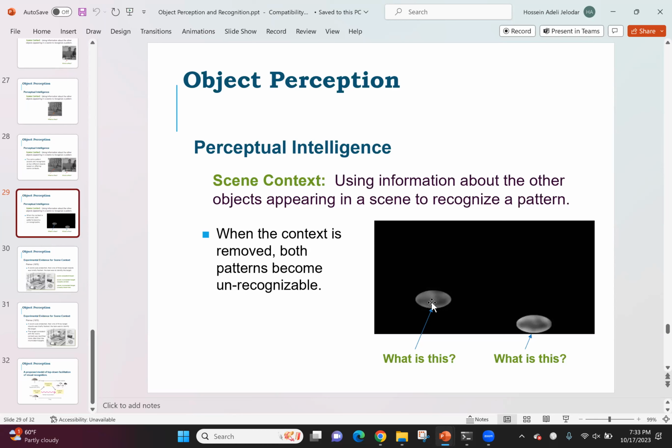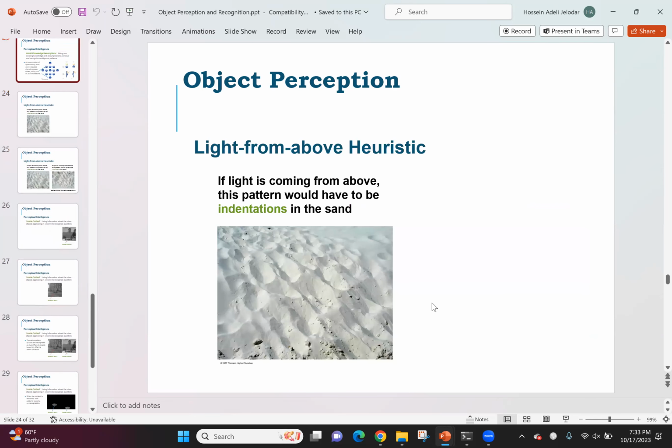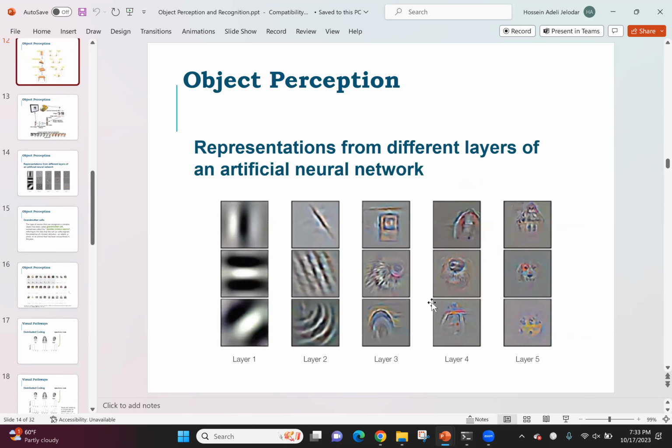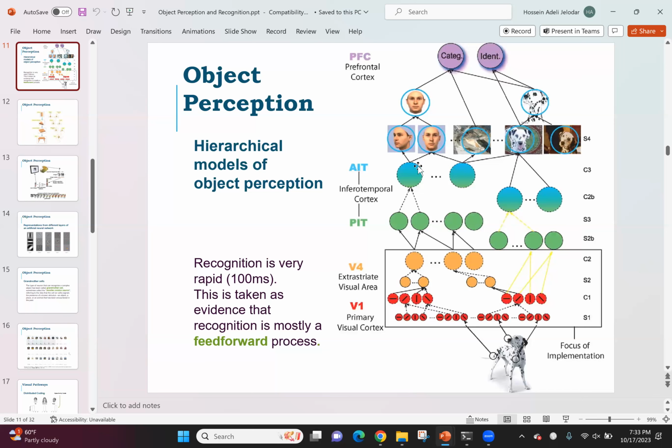But that's a good way to think about how your perception of the scene and the objects in that area work, and we'll get to it in a little bit. But if I go back to this figure, just because you're asking this question, as you can see, these people put these sorts of identification and categorization.